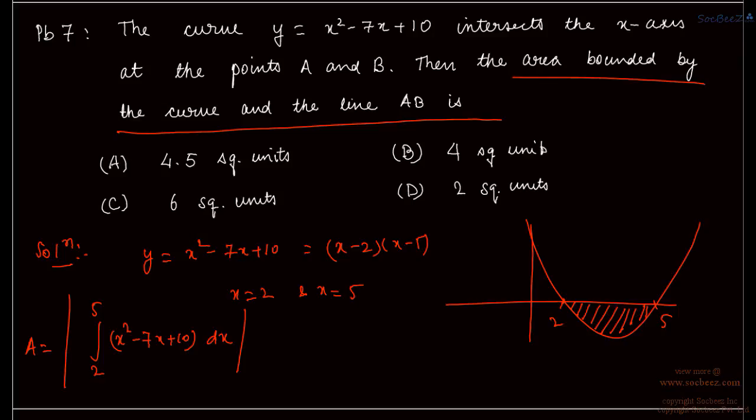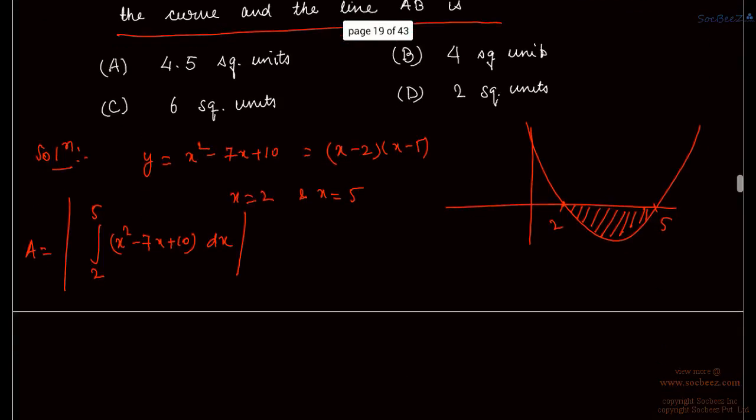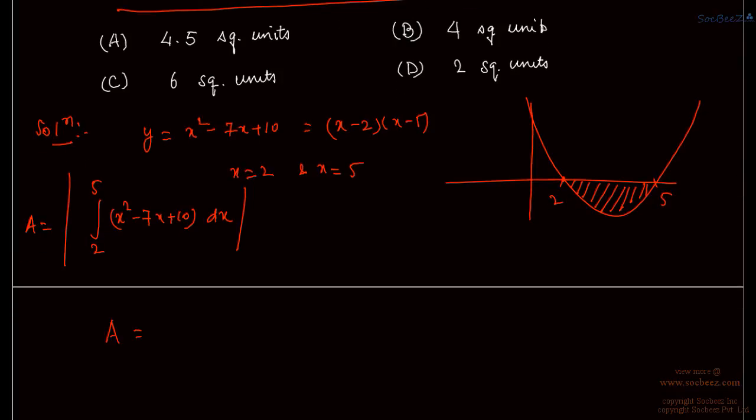So if we follow the integration, then A is equal to the integration of x square, which is x cube upon 3, minus 7 times the integration of x, which is x square upon 2, plus 10x, from 2 to 5.